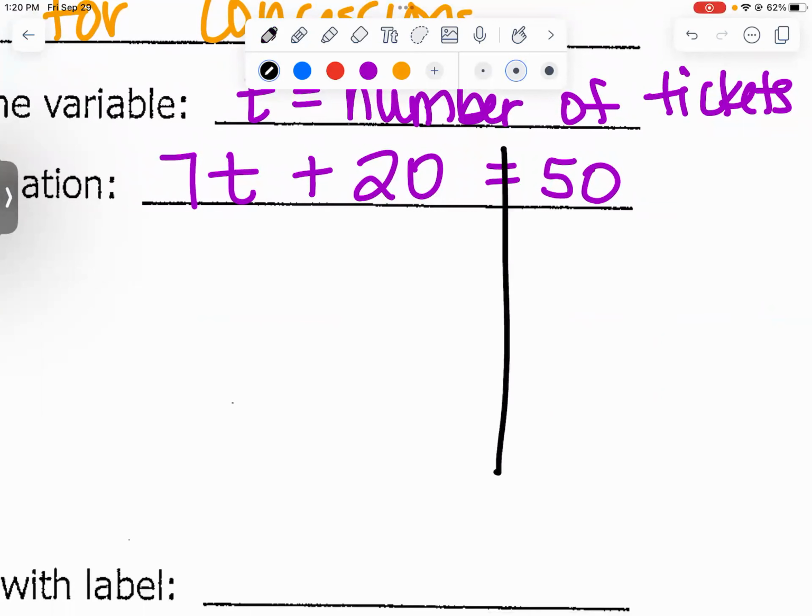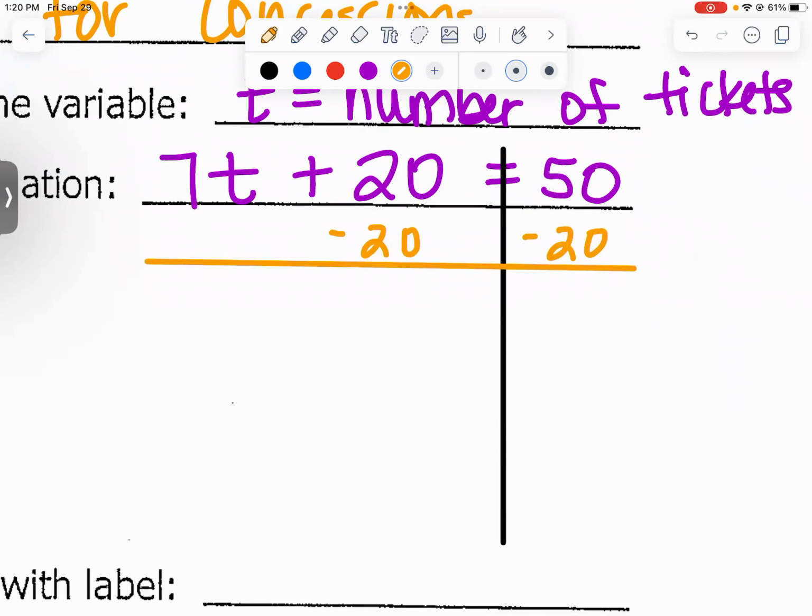Okay, some of you are working ahead and noticing something kind of strange. So let's all catch up to where Emma's confusion is. Alexander, what number do we need to move first? So we need to subtract 20 from both sides.